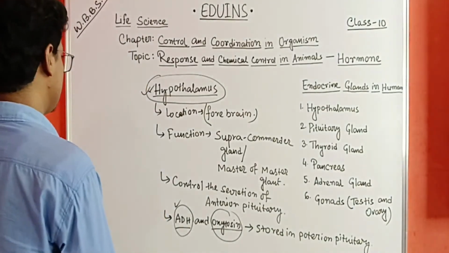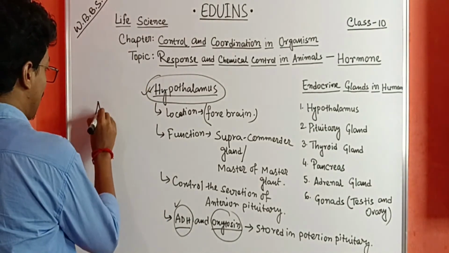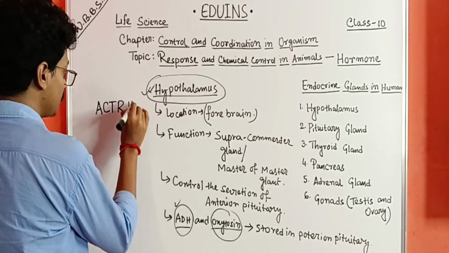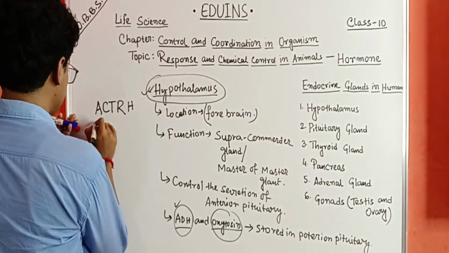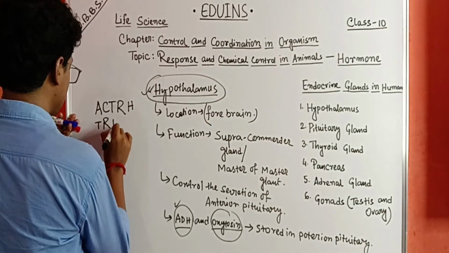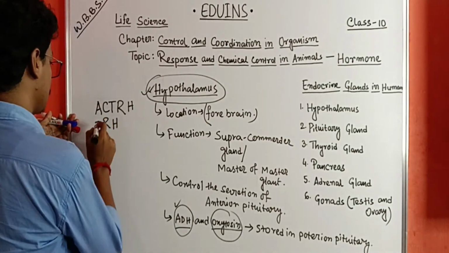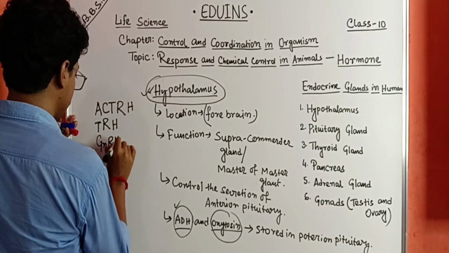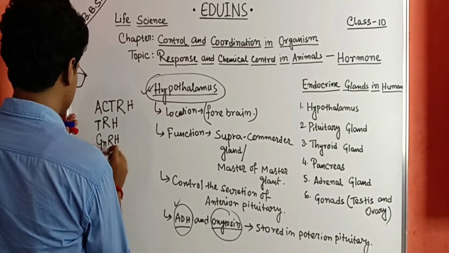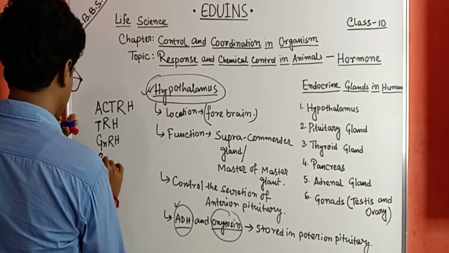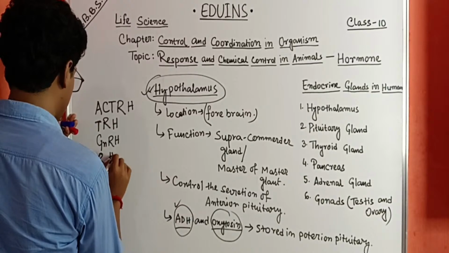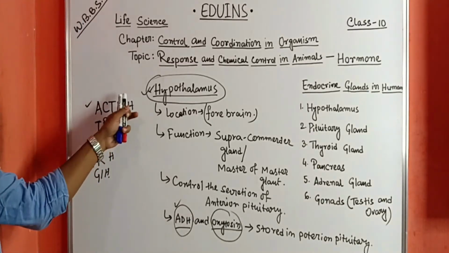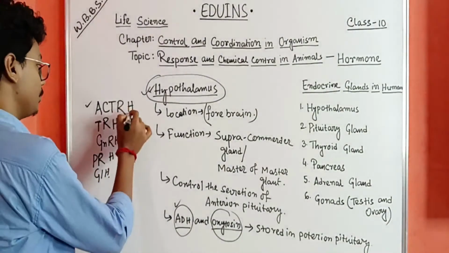Other hormones are ACTH-releasing hormone, next TRH, next GnRH, next PRH and GIH. What are they? This is adrenocorticotropic releasing hormone.